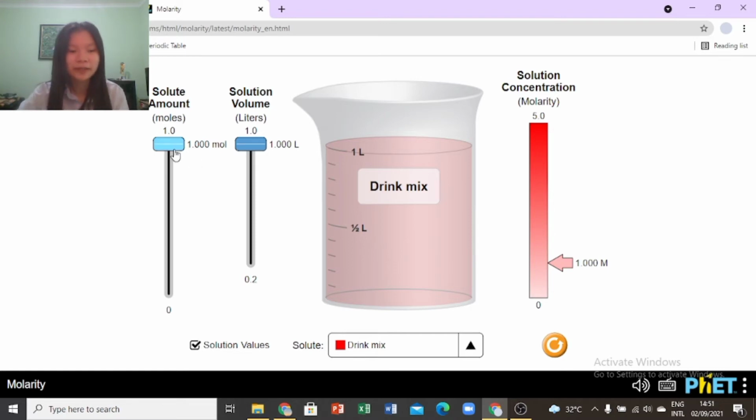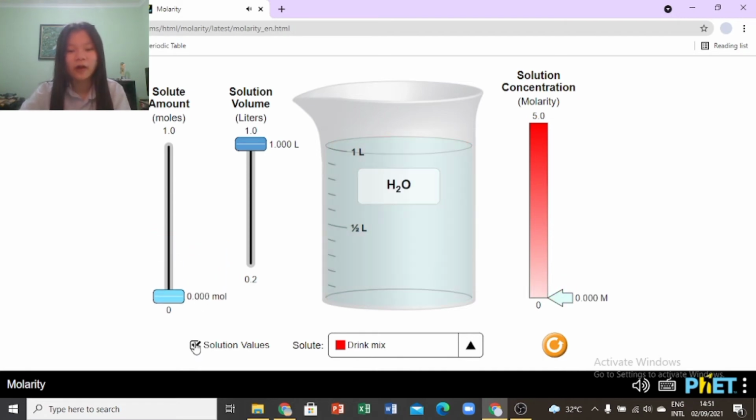Let's see together. We can see that when I decrease the solid amount in moles, the molarity is also decreasing, until finally when the moles reach 0, the molarity is also 0, and the solution inside the beaker is just H2O with a transparent color.